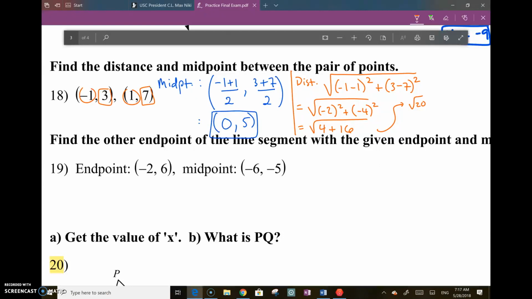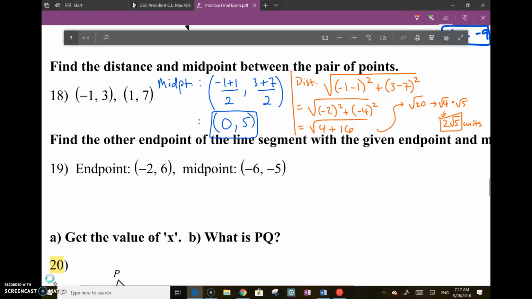If I split it into two of its factors, I get radical 4 times radical 5. Because radical 4 is a perfect square, it comes out as just 2, and radical 5 is an irrational number, so it's not coming out. So 2 radical 5 units would be our distance between our 2 ordered pairs.